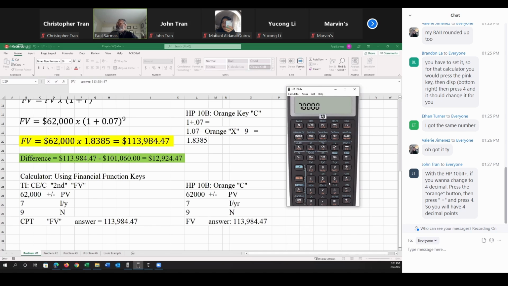You press that. 9, you press N. There is no compute, so you put future value. Look at the answer. Exactly the same. 113,984.47.